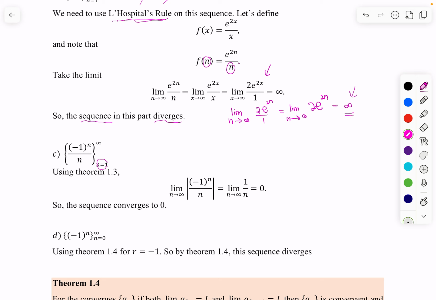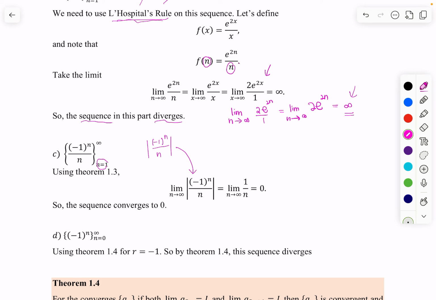To apply that theorem, since we have (-1)^n, we try to find the limit of the absolute value of the sequence, because we want to apply theorem 1.3.